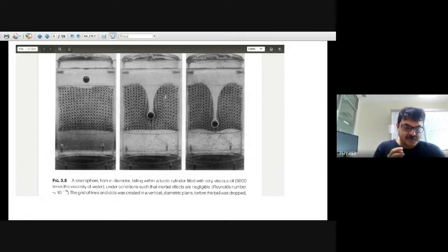Now, I'm not the expert. What I read in this particular book, there's a small paragraph on it, and I found it extremely interesting. The way they did it was take half a bowl of fluid and drop ink patterns.